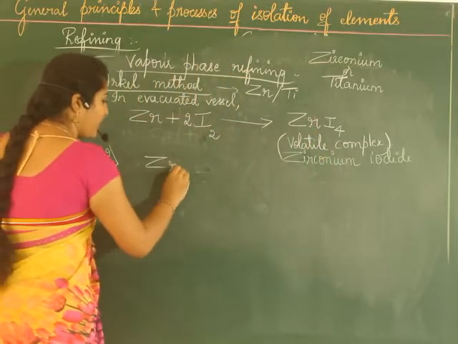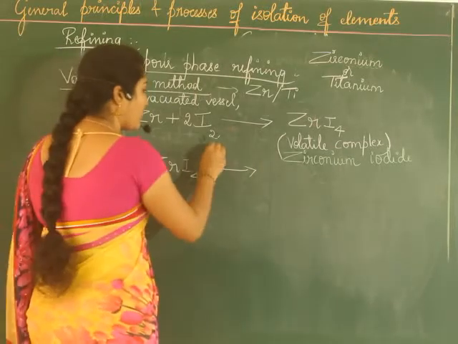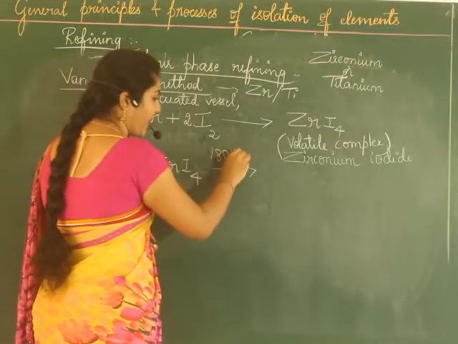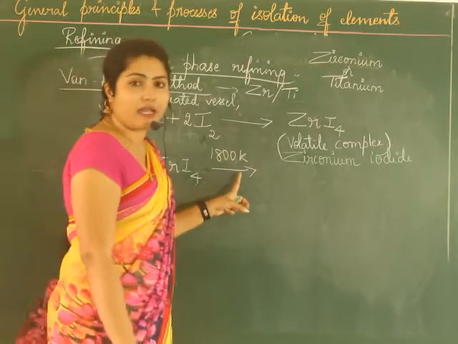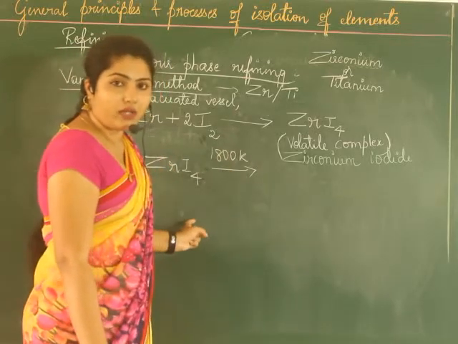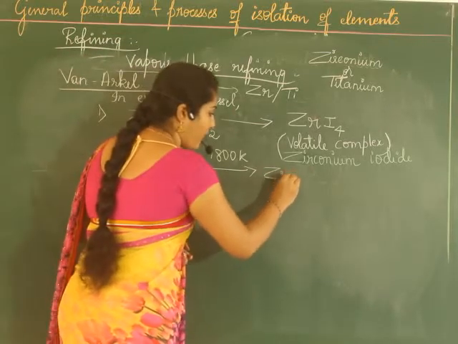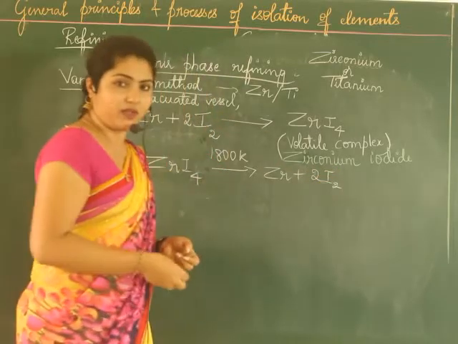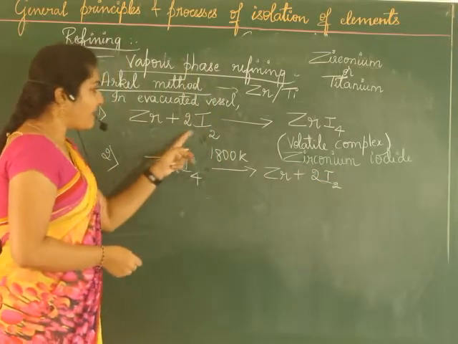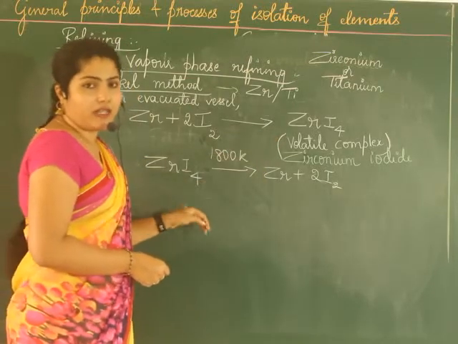The second step is that zirconium iodide is decomposed by heating to about 1800 Kelvin. It is heated to a very high temperature of 1800 Kelvin, where zirconium iodide decomposes to again form zirconium and iodine. First it is evaporated and then it is further decomposed.